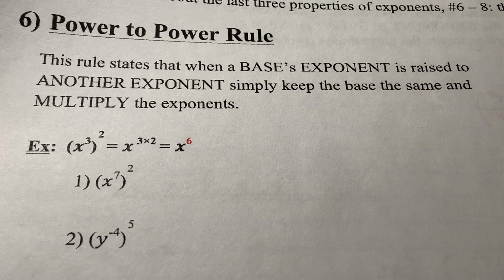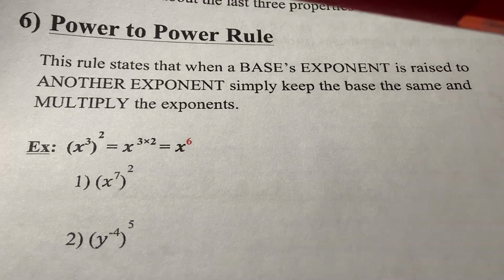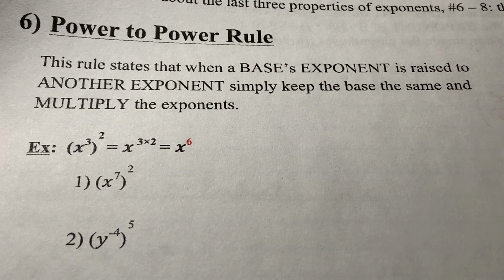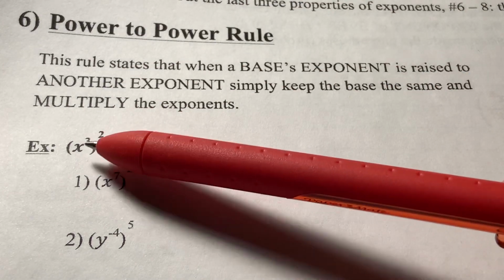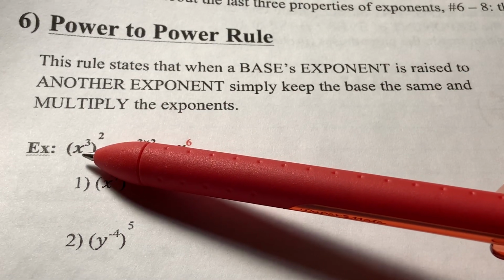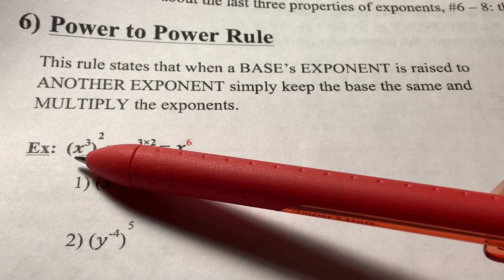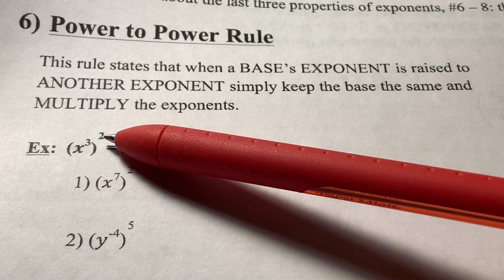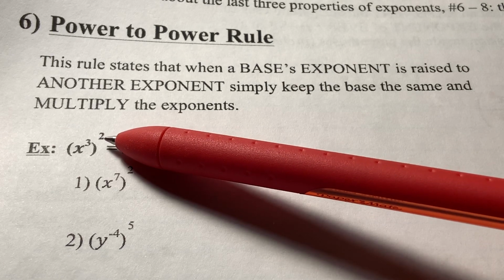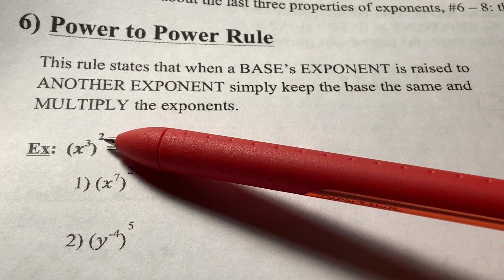You're looking for matching bases, basically. You're looking for an x and an x, or a y and a y. But in this case, the base only appears one time, and it's raised to a power, but it's in parentheses, and you see another exponent outside those parentheses, okay?